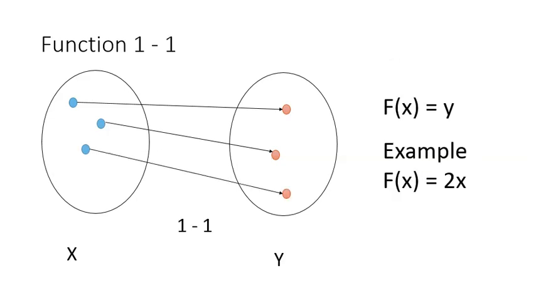Sometimes, however, we do get this ideal situation where we have what we call a one-to-one function. So not only does each element in the input set x map onto one element on the right hand side, the set y, the output set, but each of those is a unique mapping. So we're guaranteed in this situation that there is no duplicate. And the advantage of this is that we can flip this around.